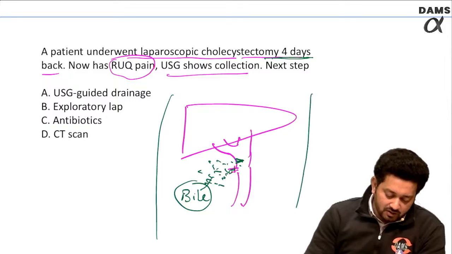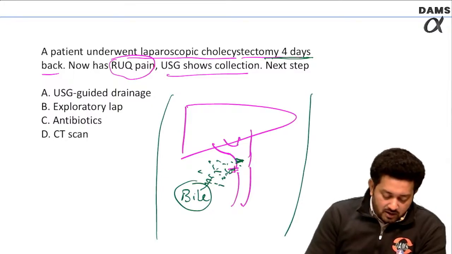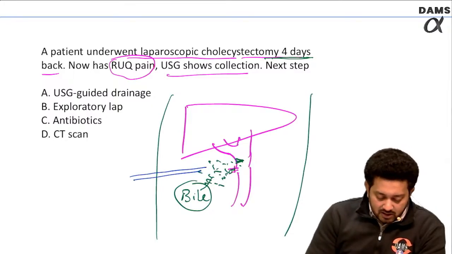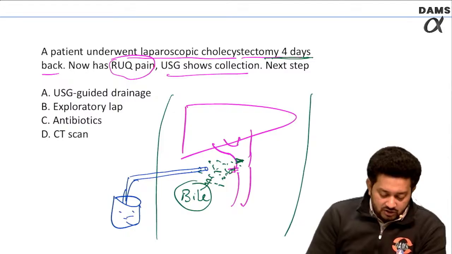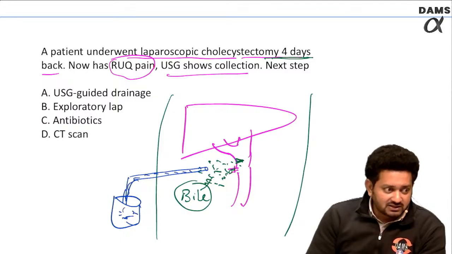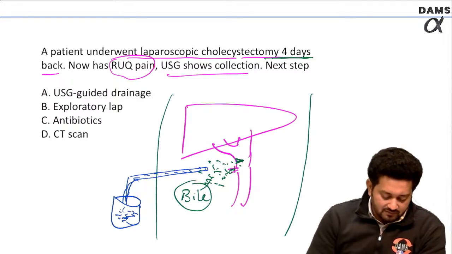So what best you can do is, first, drain this bile, because this is acting as a source of infection. So you can do a percutaneous drainage. You can put a pigtail catheter or a tube under the guidance of ultrasound or CT.